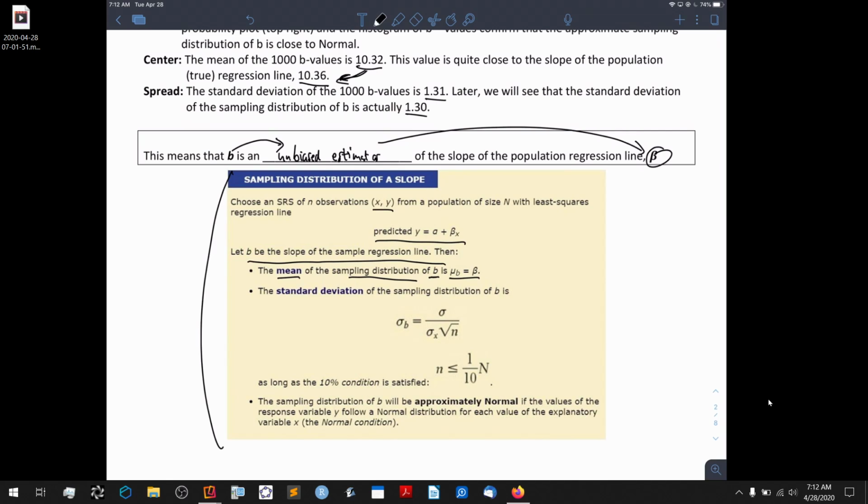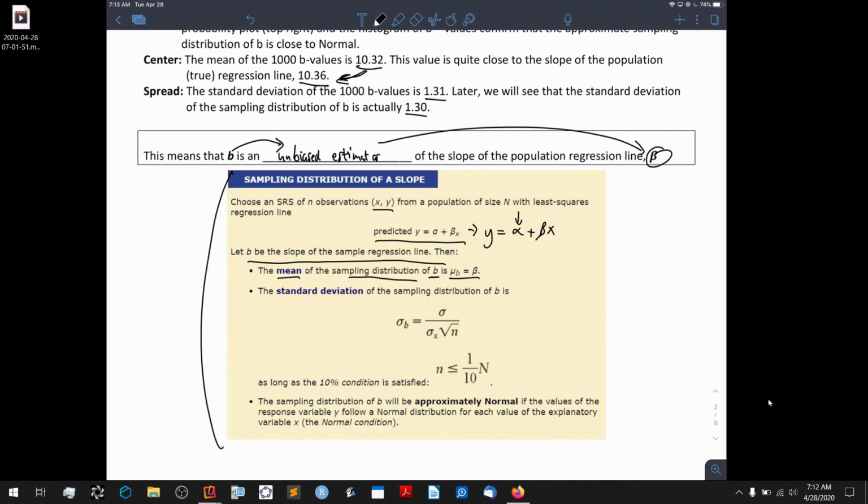It will be equal to the population regression line slope. And just remember, this is important: y equals alpha plus beta x is actually how they write it. I don't know why the textbook keeps putting a instead of alpha, but it means alpha here.